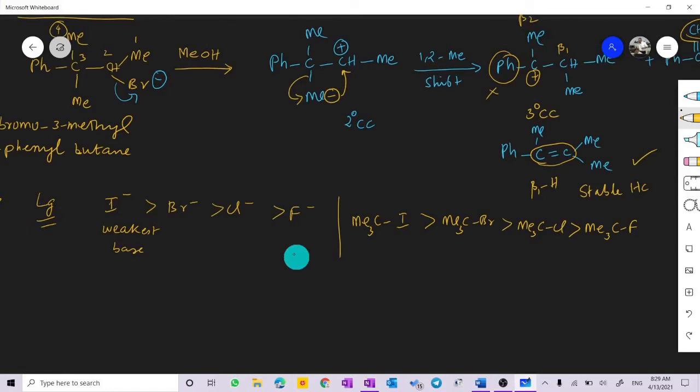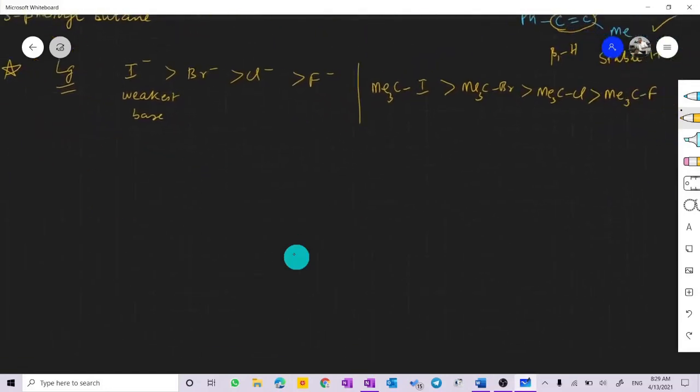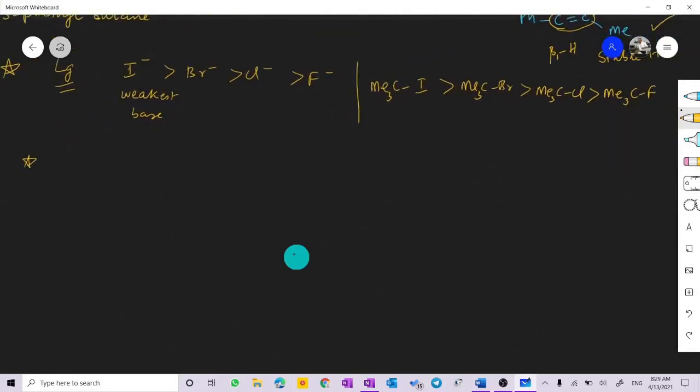Okay, so these are the most important points, and the next important point here is the effect of base. We have seen that the base doesn't play much of a role, because the E1 reaction is dependent upon the formation of the carbocation and the stabilization of the carbocation.